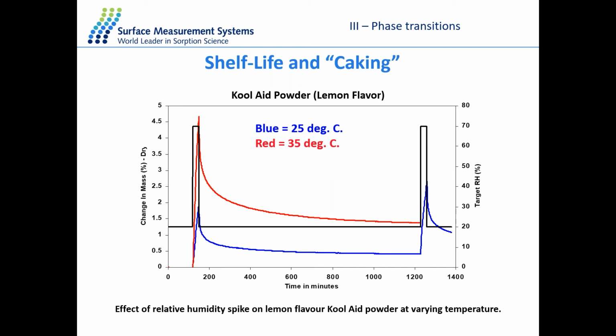And this is an experiment that we can simulate in our DVS. As you can see over here, we have a condition in which we have a very low level of relative humidity, but then we have a significant jump only for a few seconds, or for a few minutes in this case, to a higher level of relative humidity, and then go back down. What we want to see here is, at different temperatures, how it affects the water content of the sample.